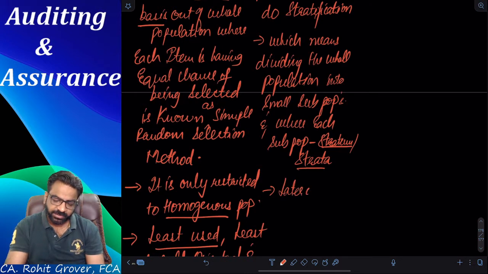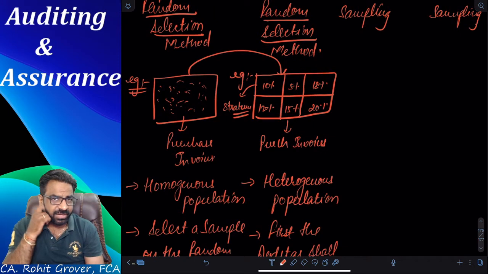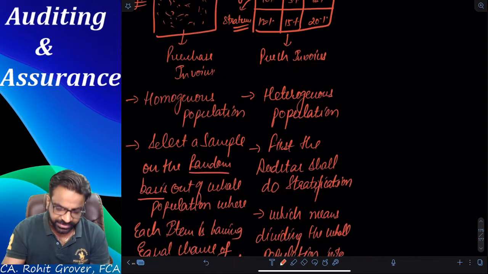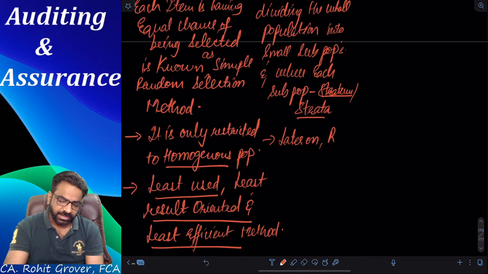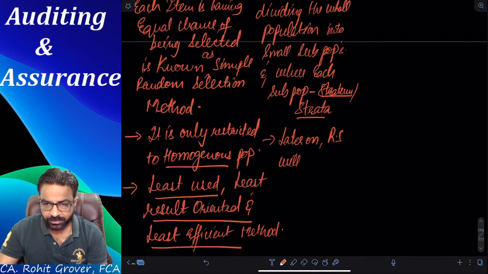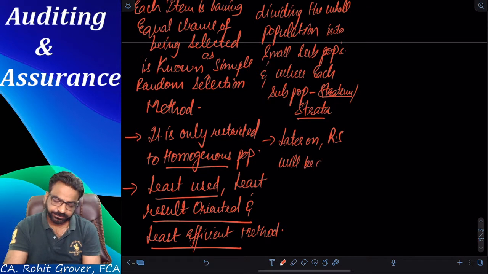Now tell me everyone, are we going to do the random selection from each and every stratum, or out of the strata? Each and every stratum, yes. Later on, random selection will be done from each and every stratum.